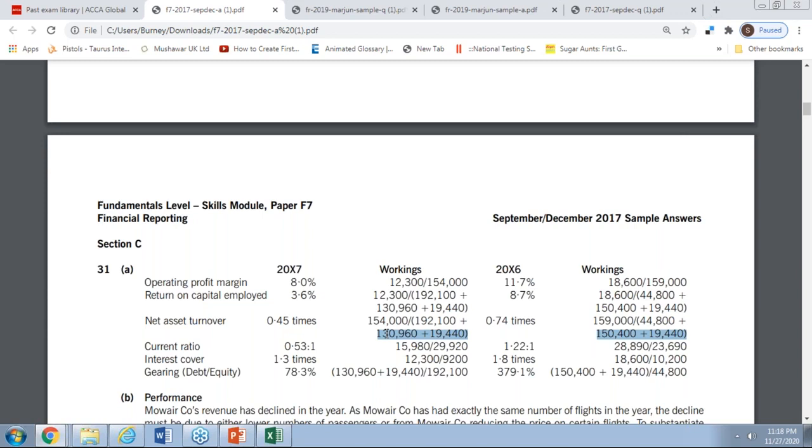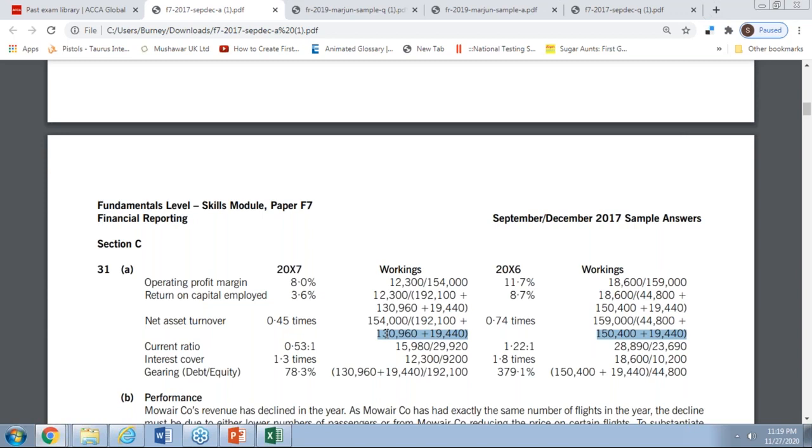Then you have to write, if we remove the impact of the revaluation, the revised asset turnover will be 0.78, which shows an increase in the asset turnover. But as the revenue is going down, why has it increased? It has increased because of the repayment of the loan. Because the company has paid part of the loan, that is the reason the company's asset turnover has shown an increase.